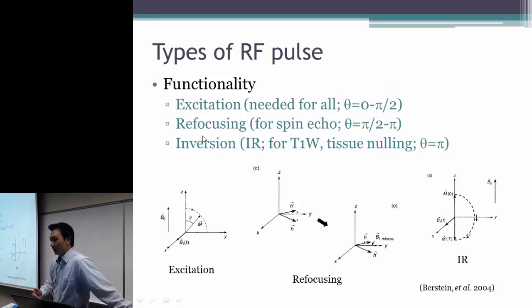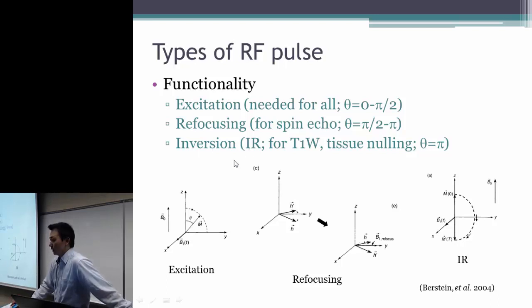And also there is the refocusing RF pulse. Usually we can see them in the spin echo sequence. It is usually between half pi to pi, so 90 degrees to 180 degrees, or sometimes it can go a little bit over 180 degrees. Another type of RF pulse is the inversion recovery pulse.